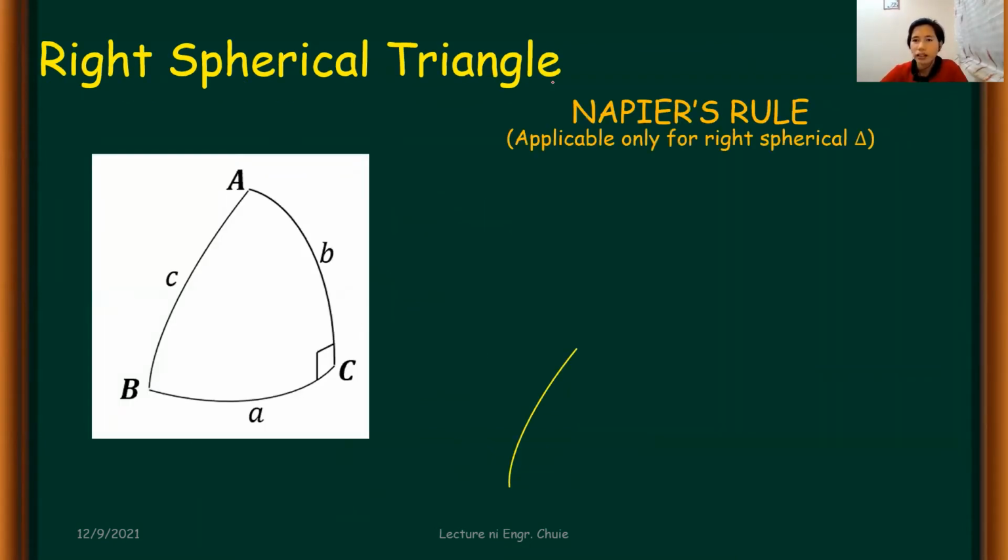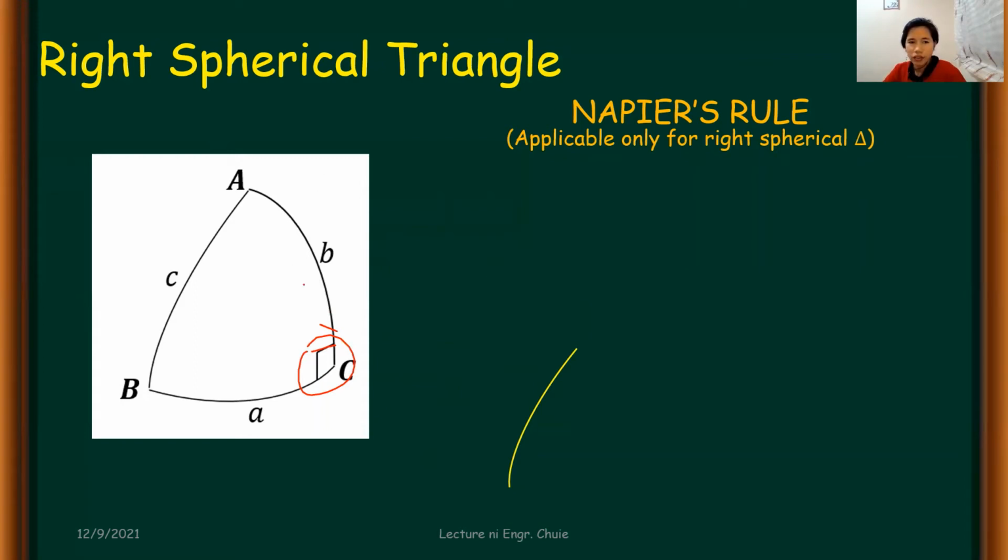So, sa plane triangle, meron din tayong right triangle. And sa spherical triangle, meron din tayong tinatawag na right spherical triangle. So, the same, yung isang angle is equivalent to 90 degrees. So, in this example, yung ating value ng isang angle is 90 degrees.